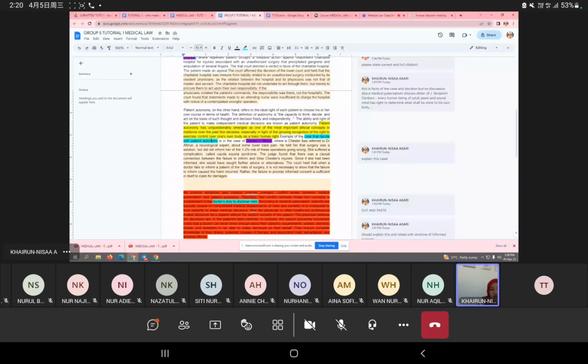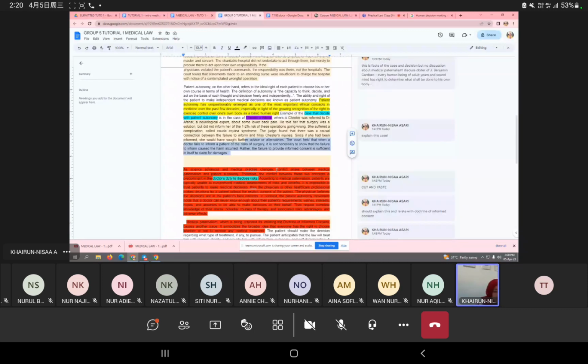You wanted to illustrate patient's autonomy; it doesn't mean that the case is decided with patient's autonomy. Rephrase. Now this is the case of Chester v Afshar. I want you to explain this case in your own words again, because you are illustrating patient's autonomy. I don't get your point.